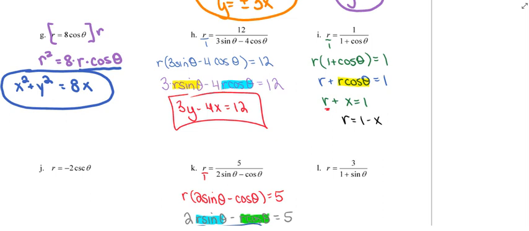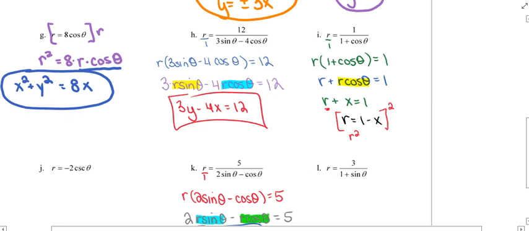Not terrible, right? I'm going to utilize that strategy that I used up in letter A and in letter D, where I squared both sides to obtain an r squared. So I'm going to square both sides. Notice that I wrapped that 1 minus x up in parentheses to show that I'm squaring that whole difference.